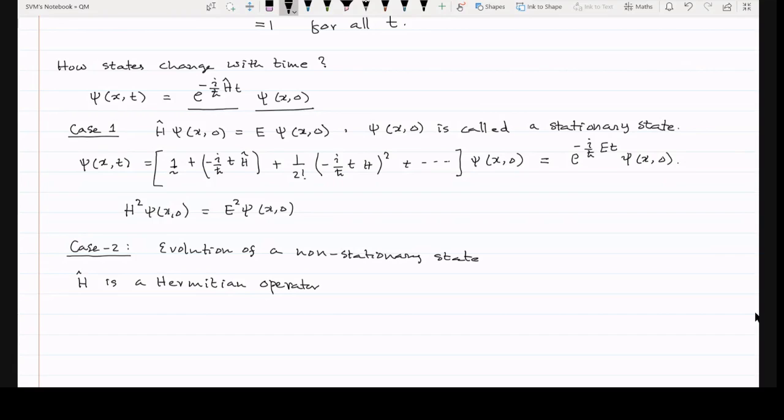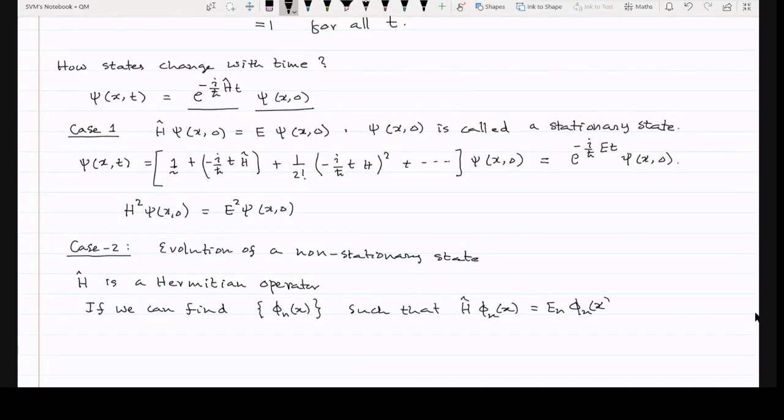So, if we can find some phi n of x such that H acting on phi n of x is equal to E n into phi n of x.